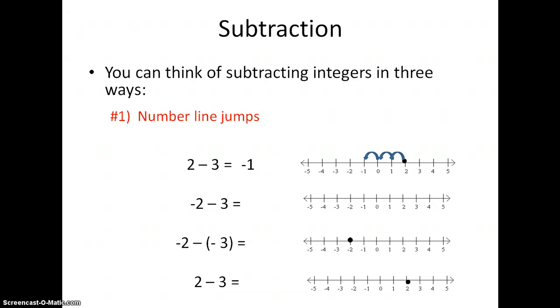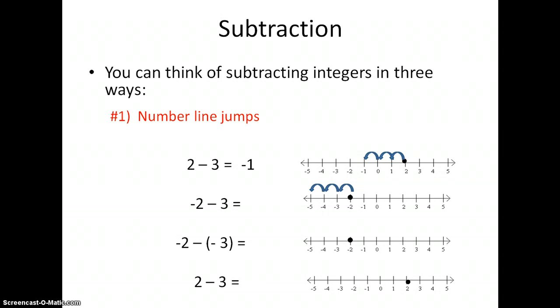The second example is a -2, and we are going to take away 3 from the -2. So again, we are going to the left and we will arrive at a -5. Now the third example is a little more difficult to visualize, but if you think of subtracting as going in the opposite direction of the number that you're subtracting, it'll make a little more sense.